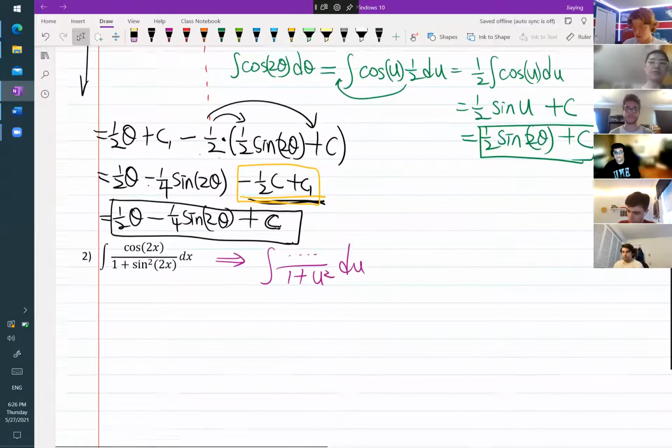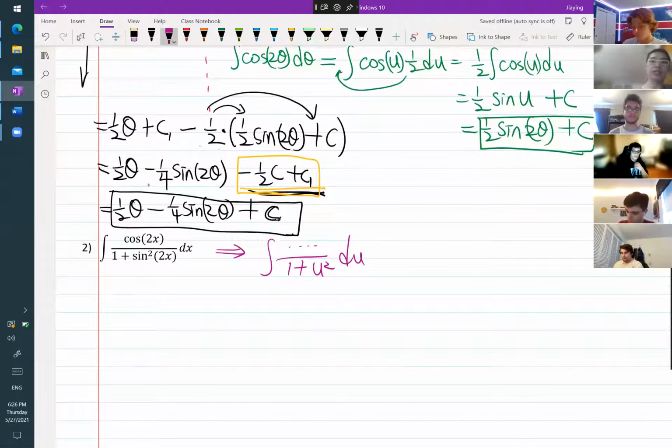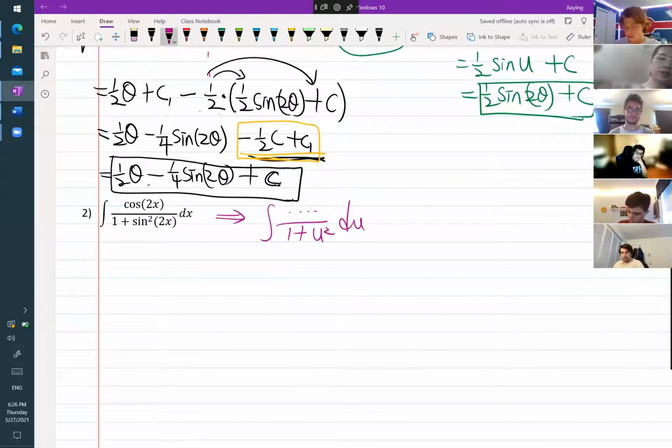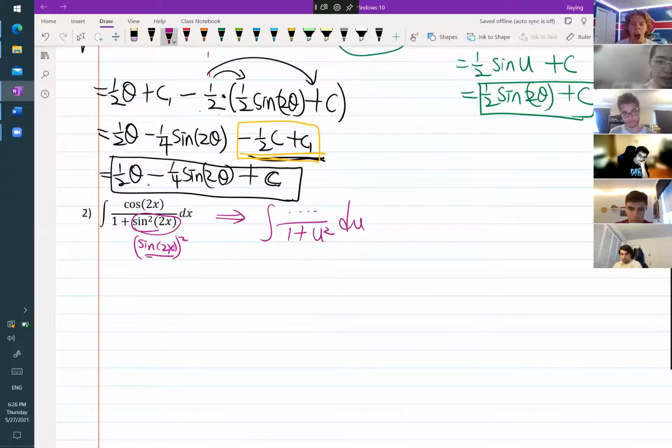So for number 2, you always want something like that. The denominator has a sine squared 2x, which is the same thing as sine 2x squared, right? So sine 2x is the inner function that we're going to call u.